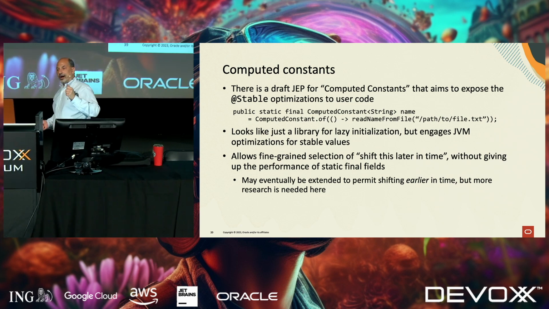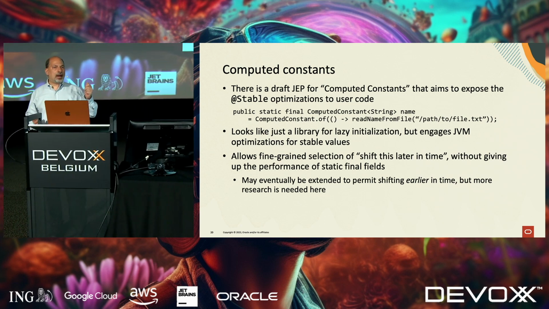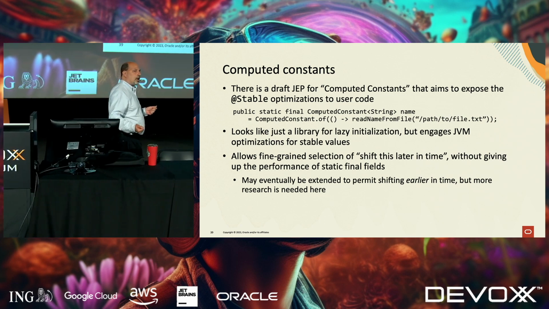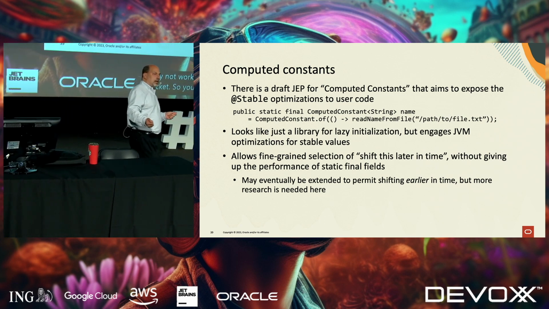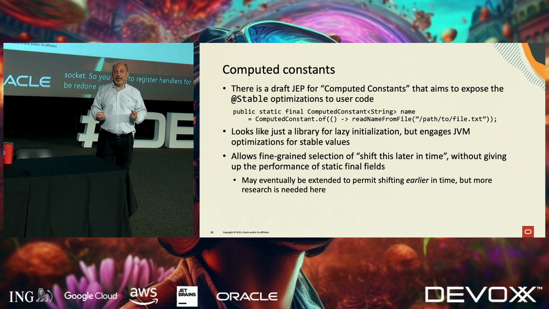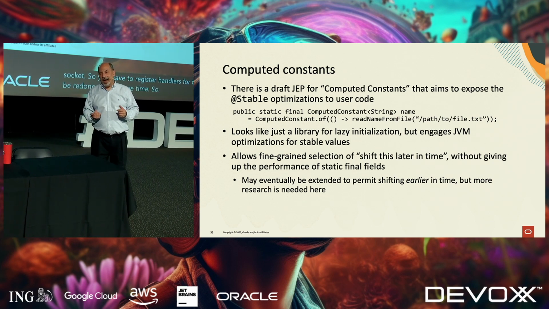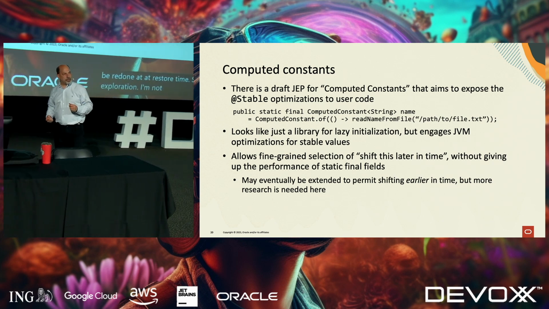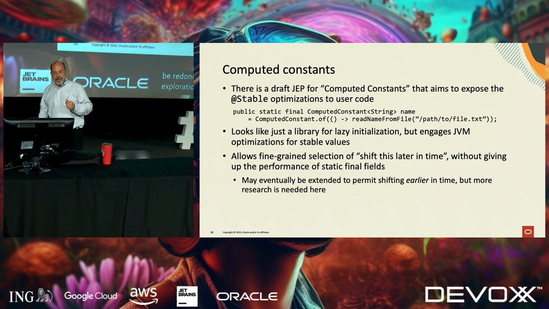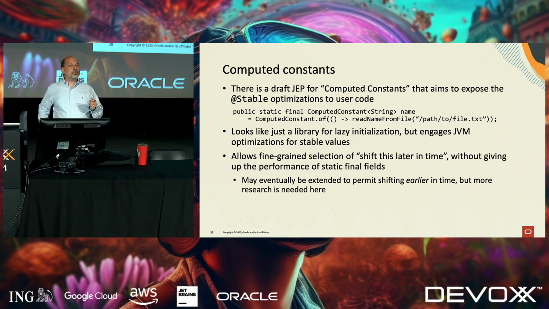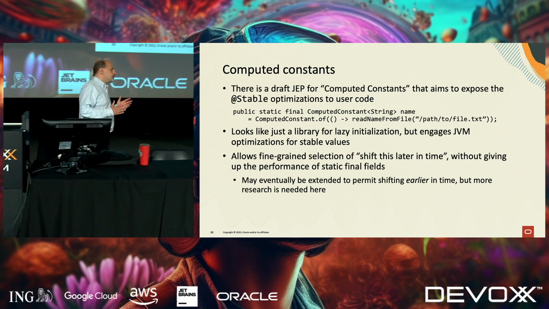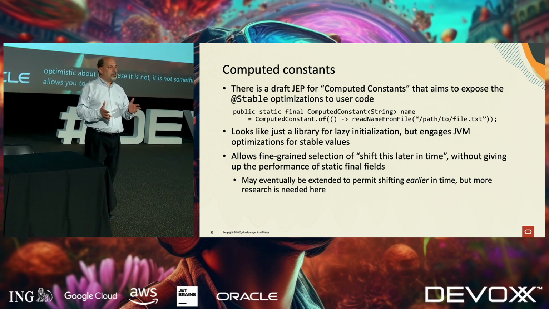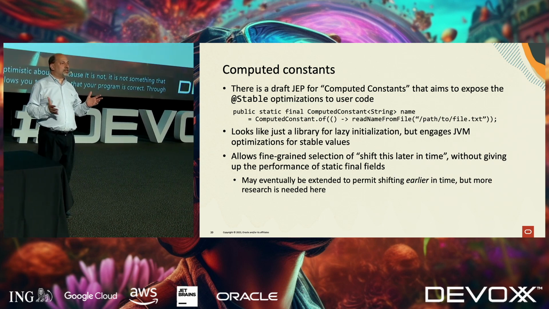And then, well, that may not work because you may have done things like open sockets. So you have to register handlers for things that have to be redone at restore time. So I think CRaC is an interesting exploration. I'm not particularly optimistic about it because it is not something that allows you to validate that your program is correct through any sort of sensible analysis.